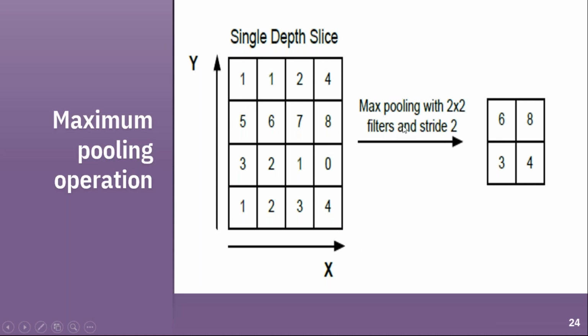When we apply the pooling layer, as I said, it appears after the convolution, and it is basically used to reduce the size of that layer. Convolutional neural networks generally have a very large number of neurons, so to reduce the complexity of the learning problem, we apply the pooling layer.